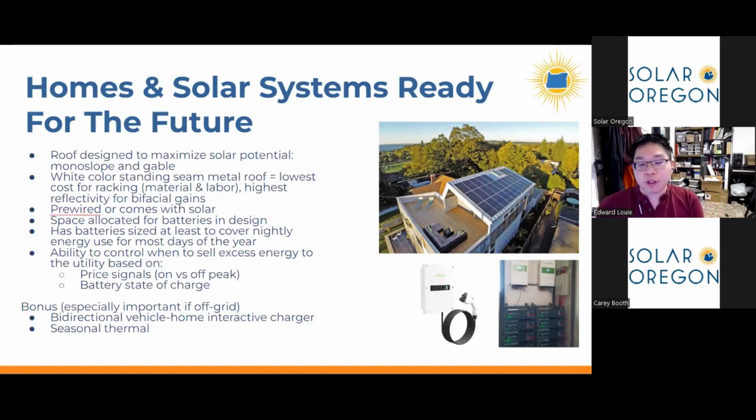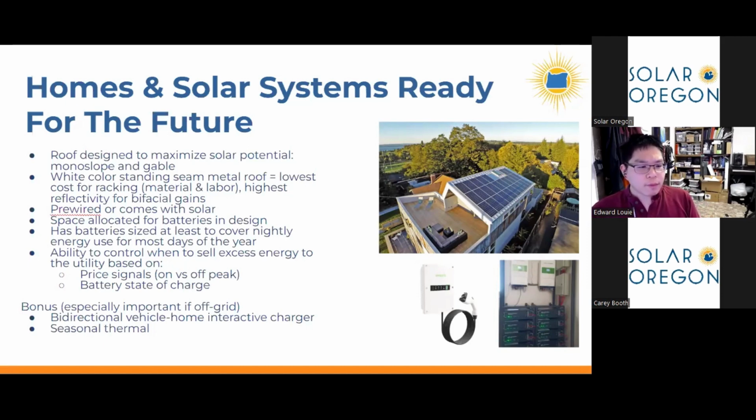Standing seam metal roof is another great roof, probably the best roof you can get for putting solar on, because you can just clip the solar panels to the standing seams, and that reduces your racking cost. And in your house, it'll be great to have more space allocated around the electric panel to allow for batteries, to have a space for the battery in the design of these homes.